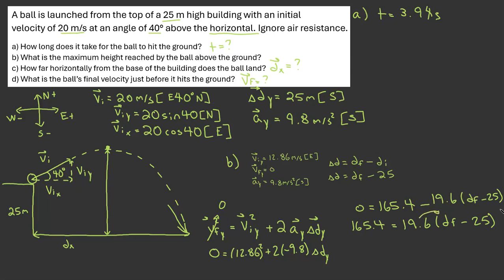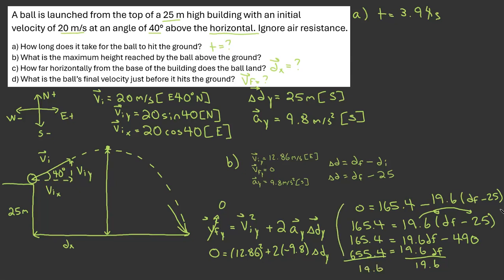So I'll multiply 19.6 by df and by 25, which gives me 165.4 equals 19.6 df minus 19.6 times 25, which is 490. Then I'll move this over to the other side, add it to 165. So on this side I'll have 655.4 equals 19.6 df. And then divide both sides by 19.6.